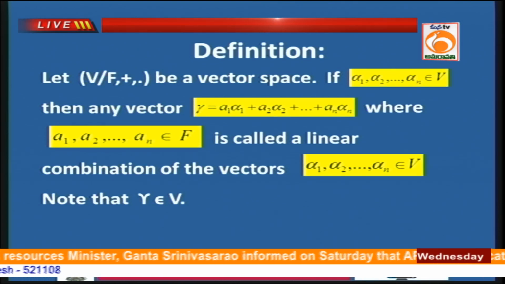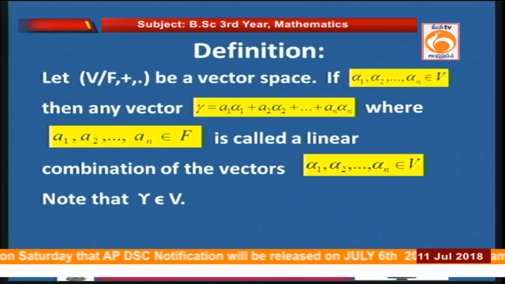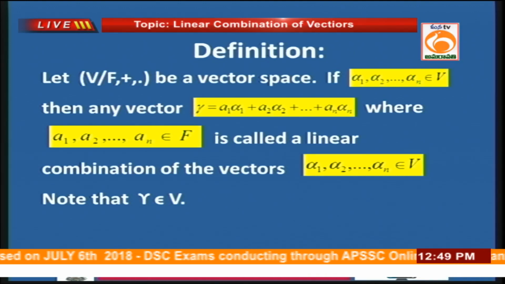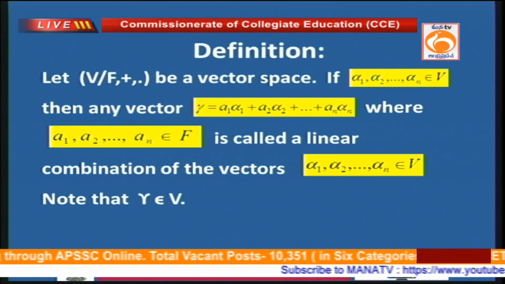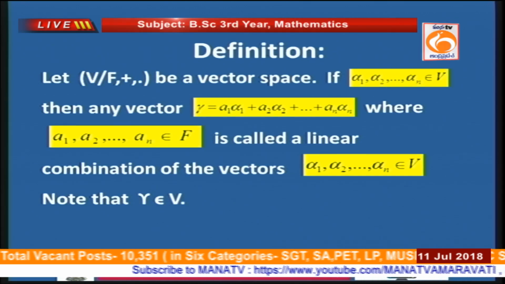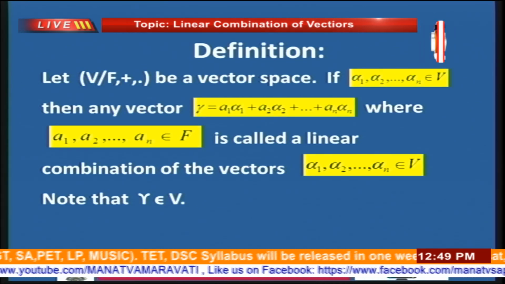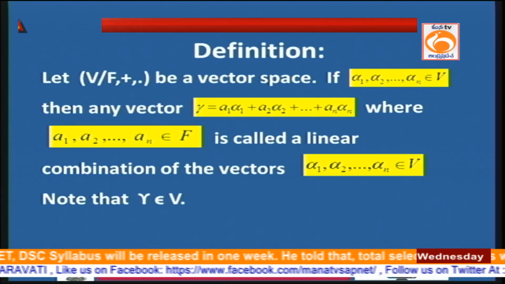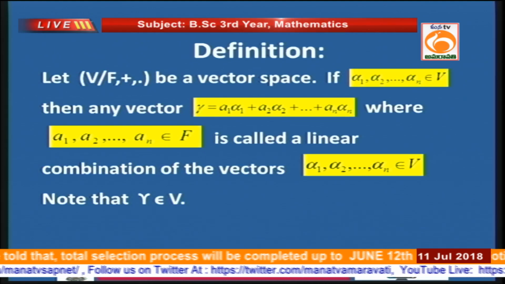This gamma is called a linear combination of the vectors alpha 1, alpha 2, up to alpha n belonging to V. Please note that this gamma belongs to V.